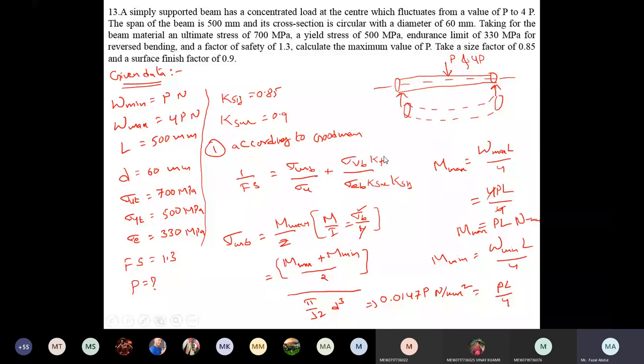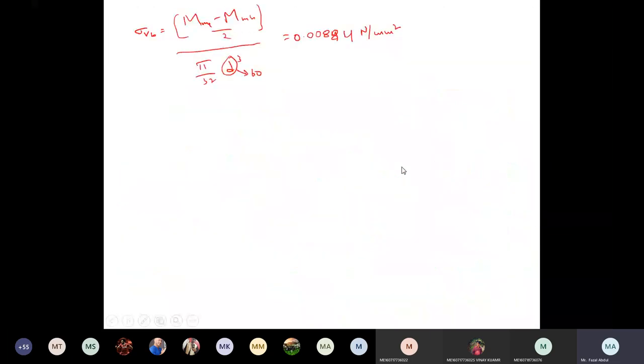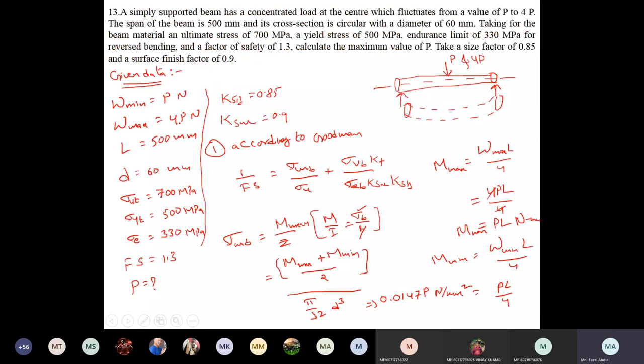So for this kind of problem, Kf is considered as 1 for bending. Kf for axial load is different, for shear load is different, and for bending is also different. Here I am taking 1. Other things we require are sigma EB, surface and size factors.